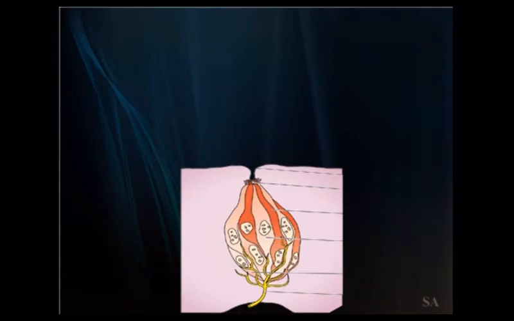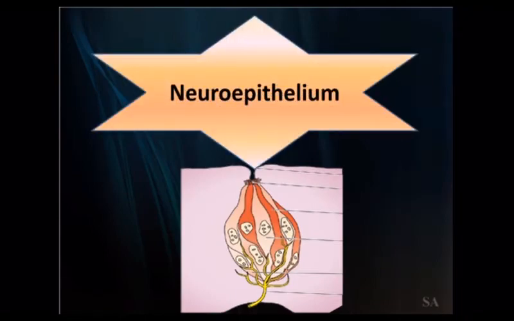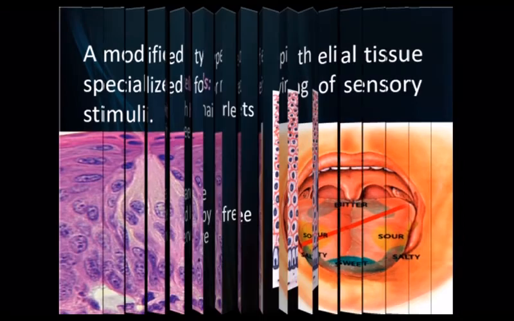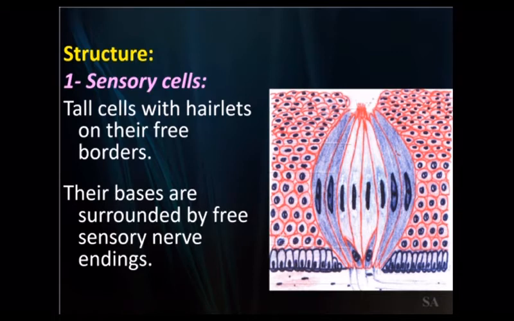Now we will study the neuroepithelium. This is a type of epithelium that is modified for receiving sensory stimuli. The neuroepithelium is formed of sensory cells, tall cells with hairlets on their free surface.